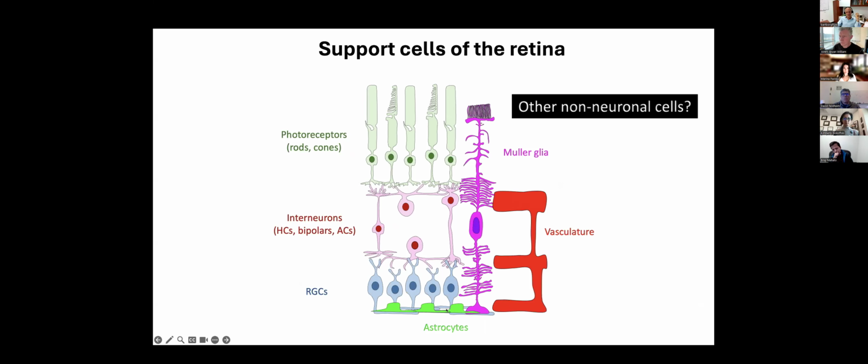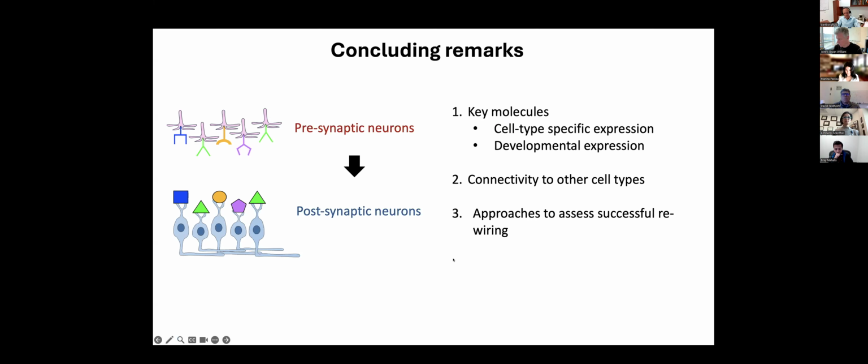Two, we can't rule out the connectivity to other cell types, these non-neuronal ones, that they also have to receive the proper support from the vasculature, from other glia, for their integration and survival. And then, thinking again about the tools that we have for the outer retina, in the inner retina we can use something similar to assess when we have proper rewiring and a proper restoration of vision.